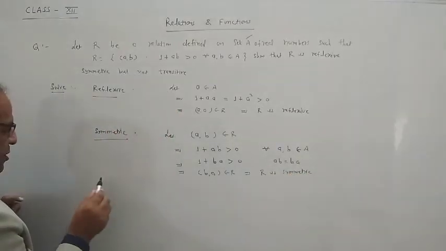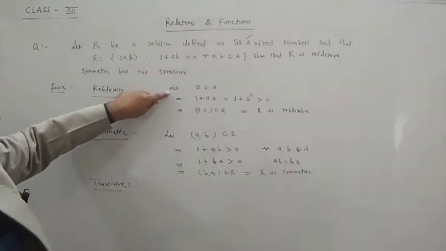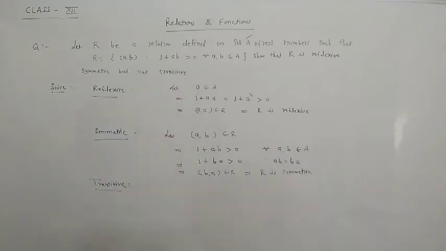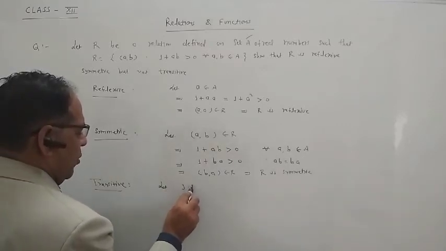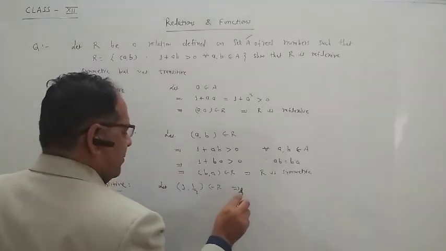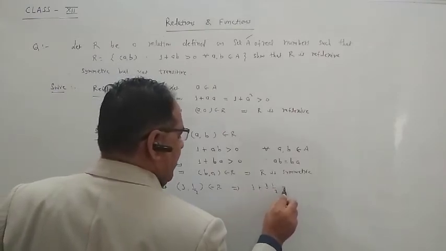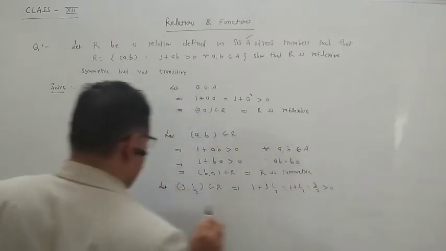Now we check transitive. We can check transitivity theoretically, and also we can take numerical pairs. Suppose (1, 1/2) is one pair belonging to R, because 1 plus 1 into 1/2 is equal to 1 plus 1/2, that is 3/2, greater than 0.